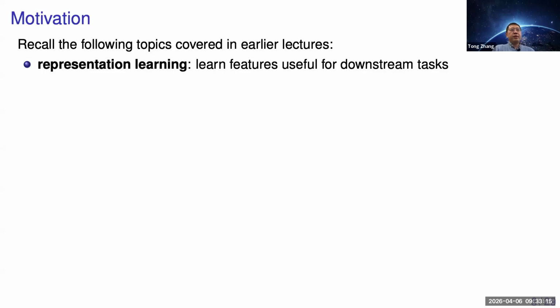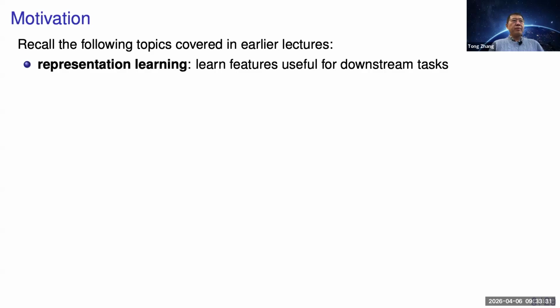Basically, it learns features that are used for downstream tasks, including generation, but also classification, regression, and whatever other supervised tasks. So this is representation.